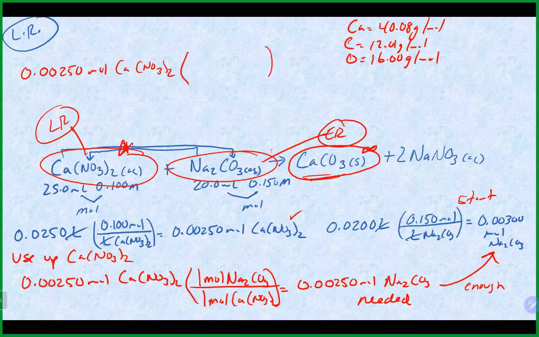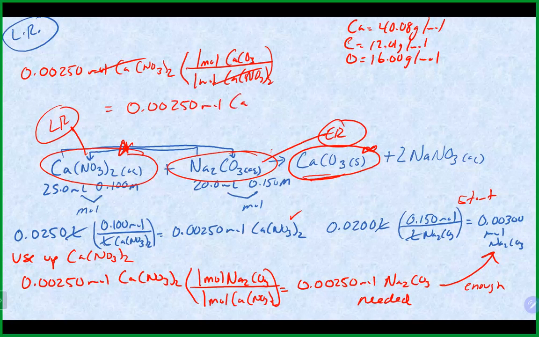A reminder, they won't always be a 1-to-1, but it happens to be in this case. 1 mole of calcium carbonate from the balanced equation gives us 1 mole of calcium nitrate. The moles of calcium nitrate cancel, which gives us 0.0025 moles of calcium carbonate.